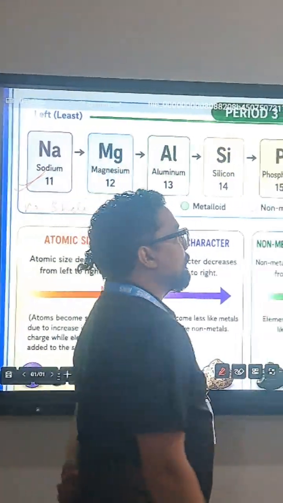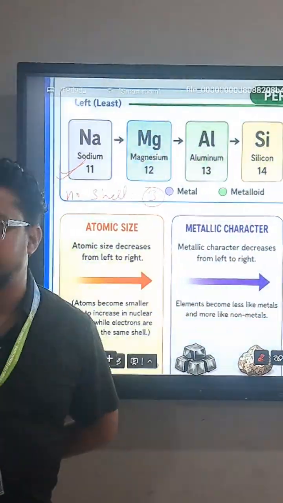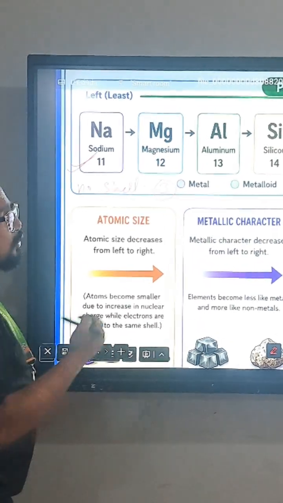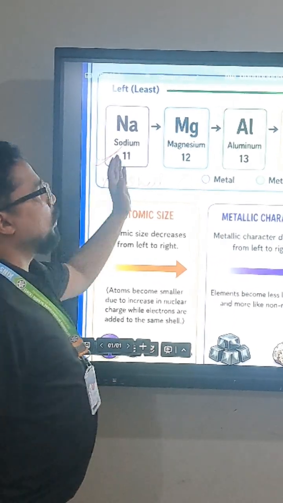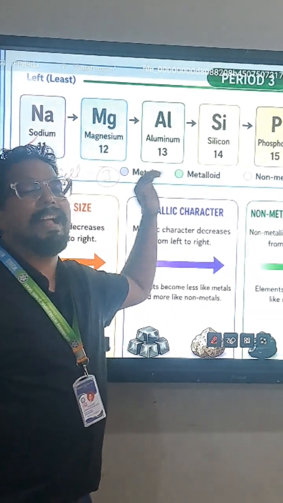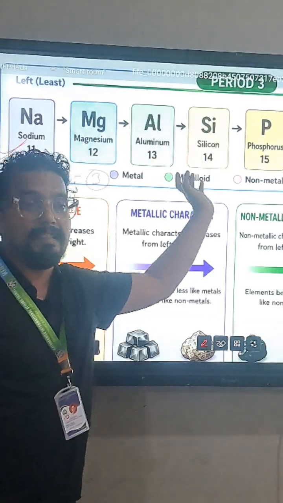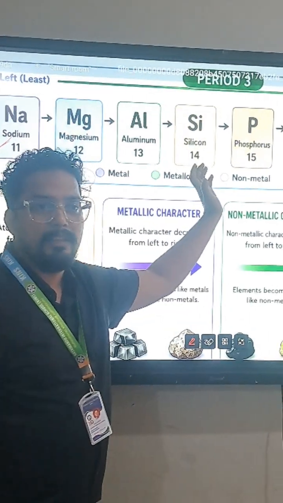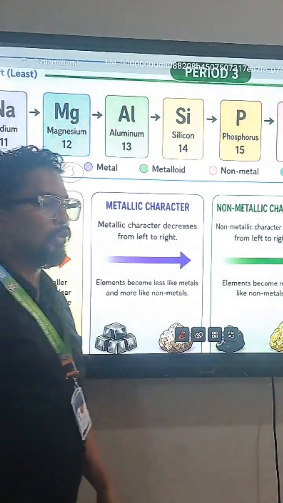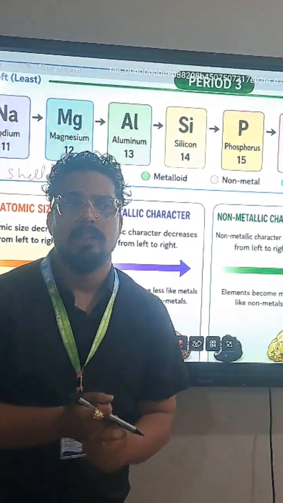The most reactive non-metal will be the second last one. So, the first question: which one is the most reactive metal of the given period? What will be the name? Sodium.